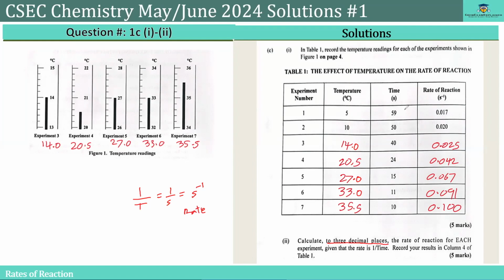So let's go. If we say 1 divided by 59, we get 0.017. 1 divided by 50, we get 0.020.